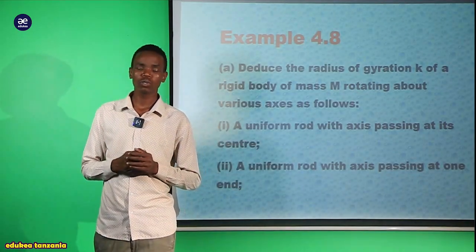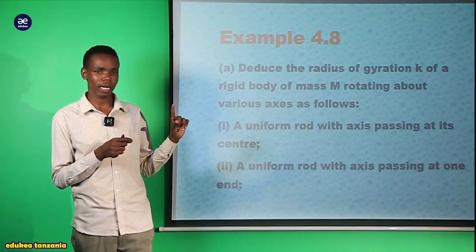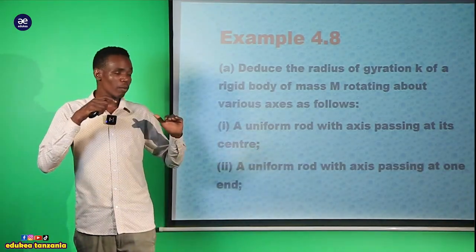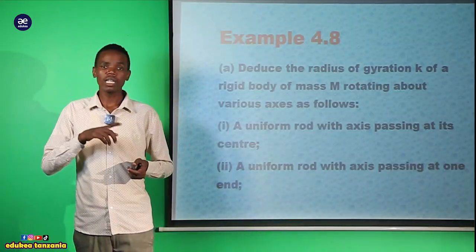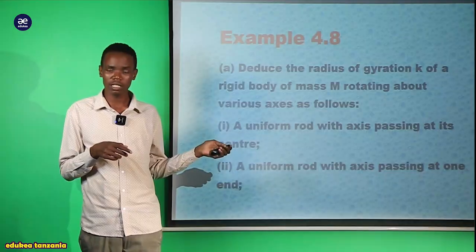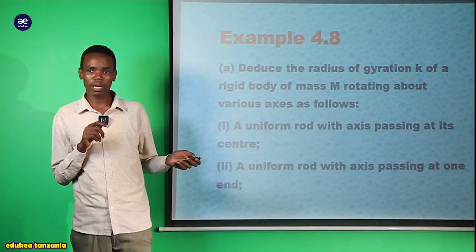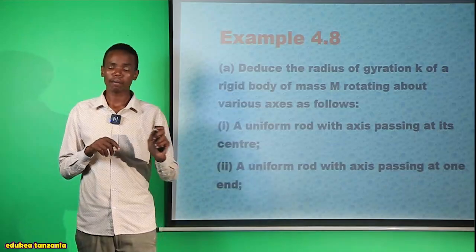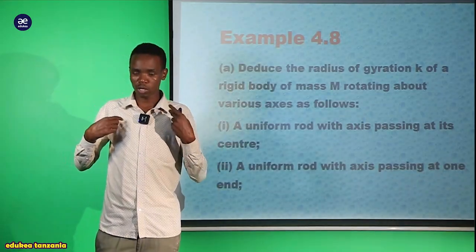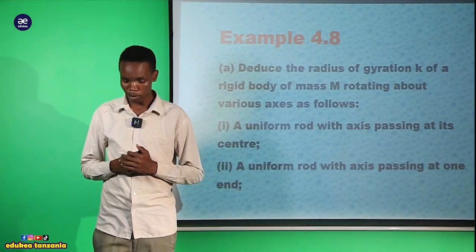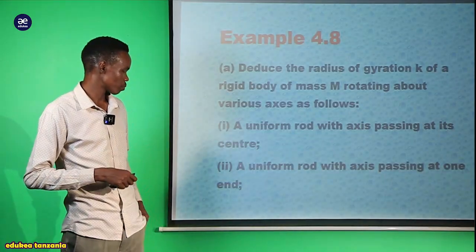We are supposed to deduce, it means to derive, the radius of gyration K when a rigid body of mass M rotates about the various axes that follow. We are supposed to consider these parts, Roman 1 up to Roman 5, so as to deduce the radius of gyration. That is what we have been asked in our question.